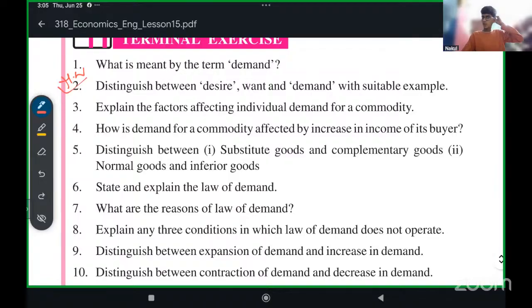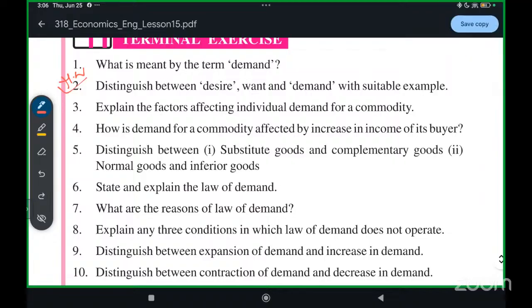The demand for certain goods like inferior goods just decreases, and for premium goods, which the buyer wants, the demand may increase. Yes, very good. That is correct.